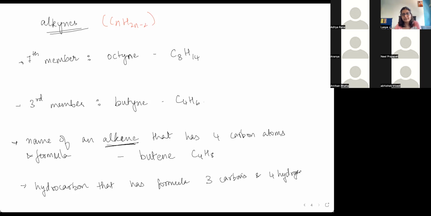So it will be propyne and it will be C3H4. What homologous series does this come under? Alkyne. Alkyne.